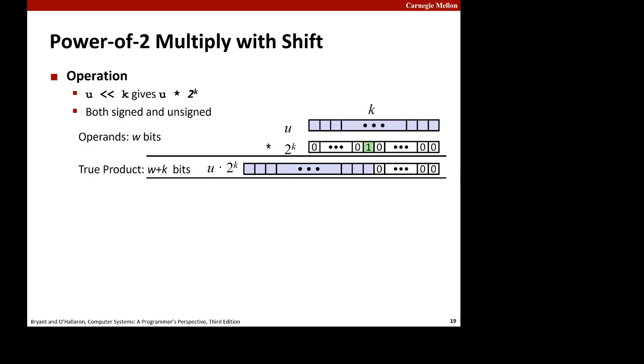You can think of it this way, and we'll just think of unsigned for now. When we shift that number up, each bit now has a weight that's 2 to the k greater than it would have had if it had stayed in its original position.